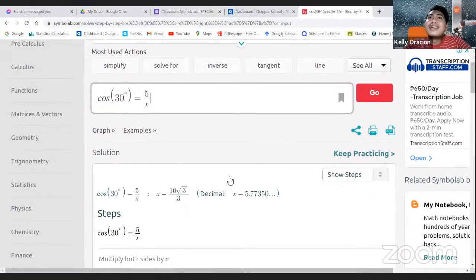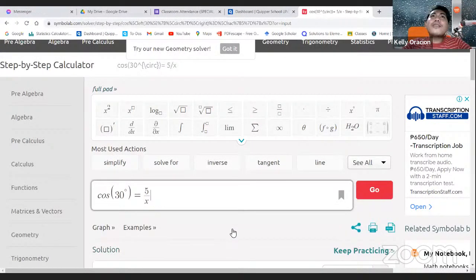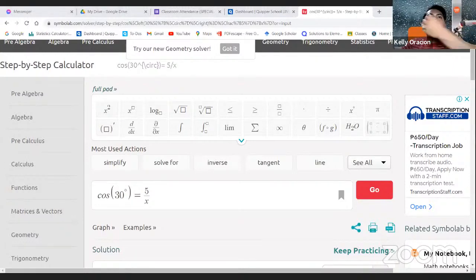But of course, I need to present the solution. Sir, saan banda makita yung degree? Yung nasa ibabaw ng eng, yung degree, minutes and seconds, nandoon siya na symbol.